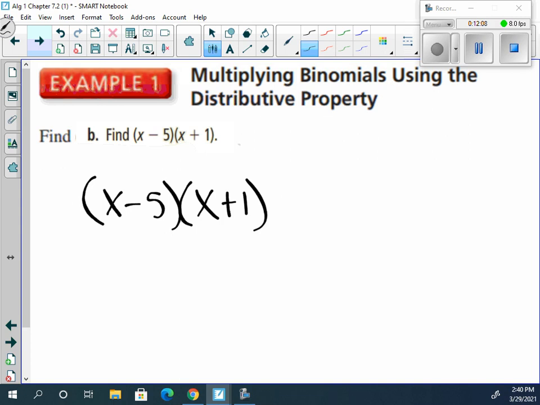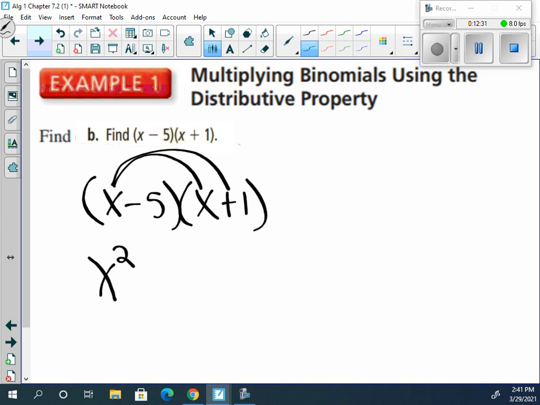So looking at this one here, what would we multiply through first? Or what would we do first? Well, we would do the x times x, which would give us what? x squared.